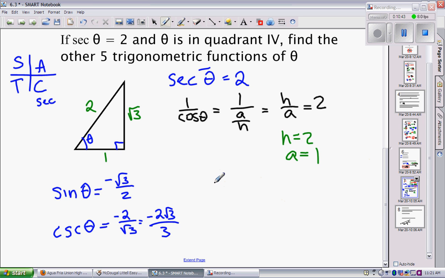Cosine is going to be positive 1/2. So then the secant of theta is 2, which was given to us, so therefore we are doing it right. The tangent is the sine over the cosine.